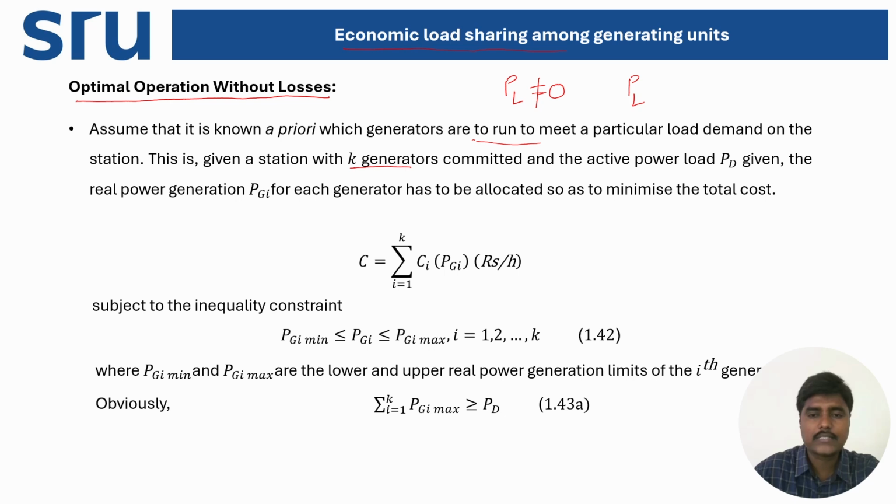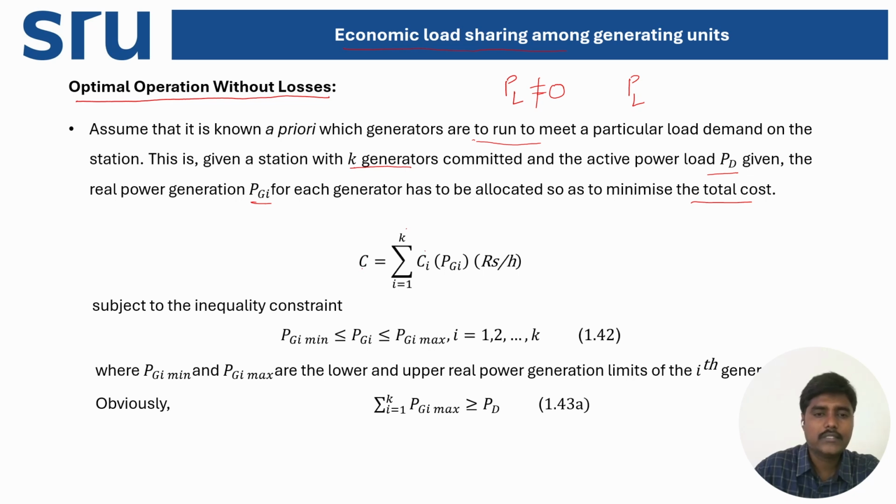That means they can start and generate power. The active power load demand is PD, and the real power generation is PG, where each generator has to be allocated so as to minimize the total cost. The total cost can be expressed as C is equal to summation i equal to 1 to k Ci of PG of i.